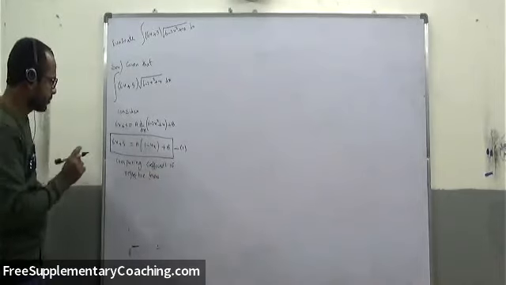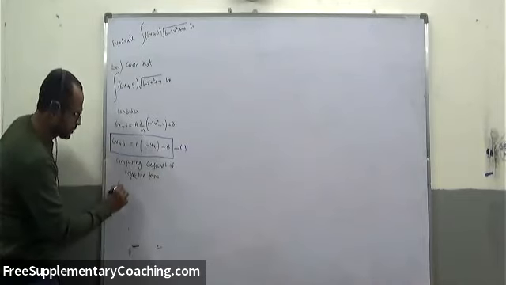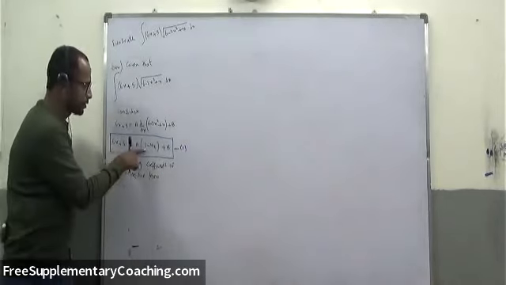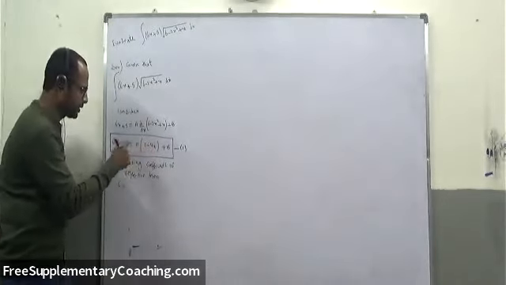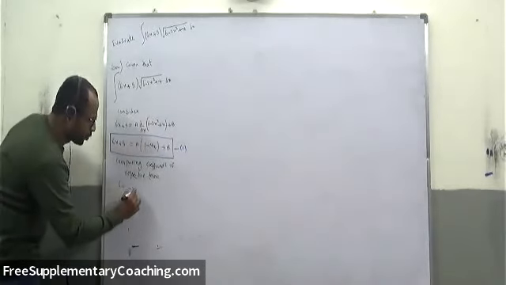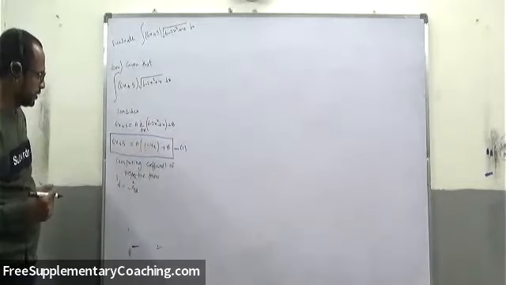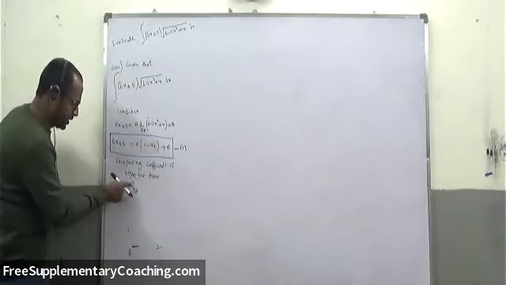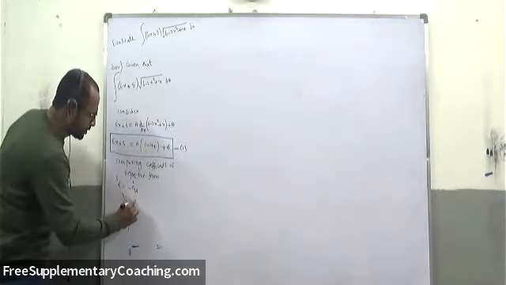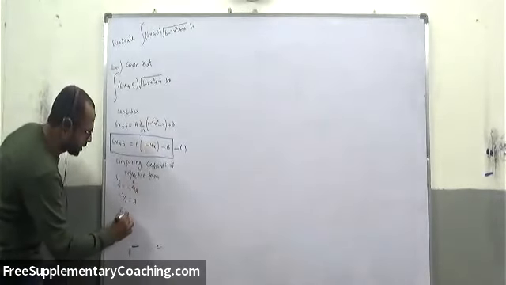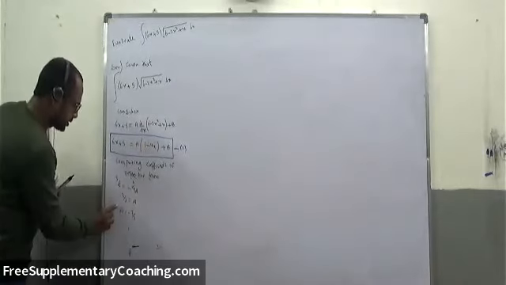See here, in LHS the x coefficient is 6. In RHS, this is a constant, leave it. What is the x coefficient? Minus 4 into a, that is minus 4a. So the 2s get cancelled. Now this multiplication becomes division. So minus 3 by 2 is equal to a, or you can write a is equal to minus 3 by 2. This is the first one.